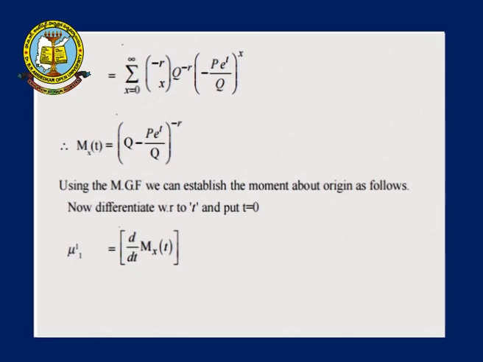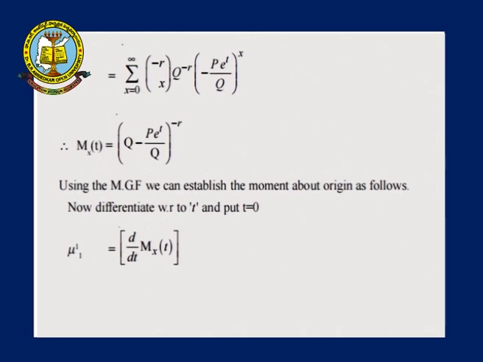So M_X(t) is equal to (q minus p e to the power t) by q, all to the power of minus r.